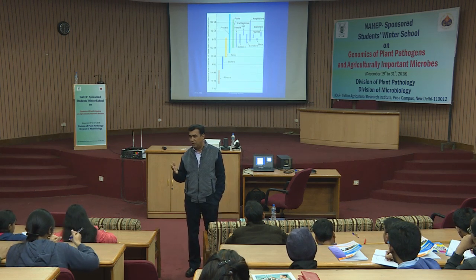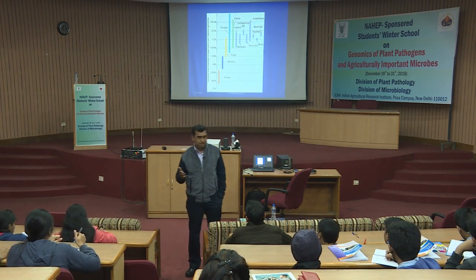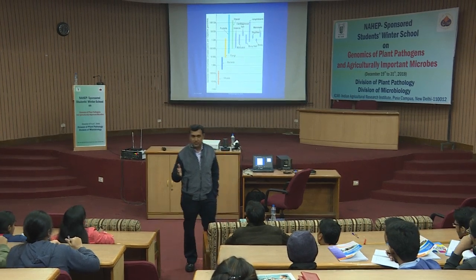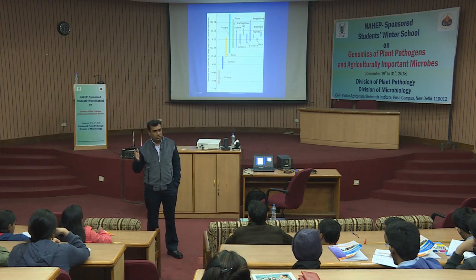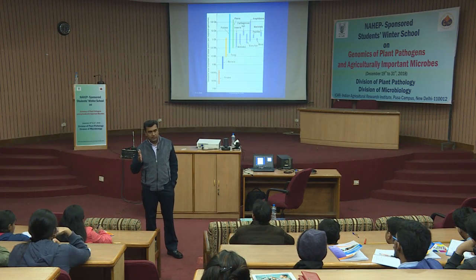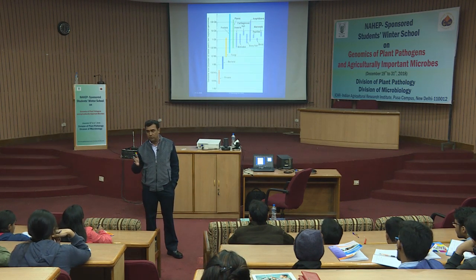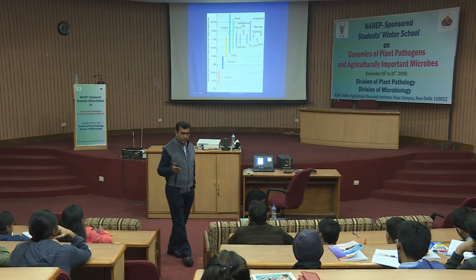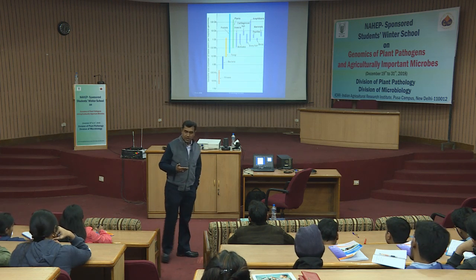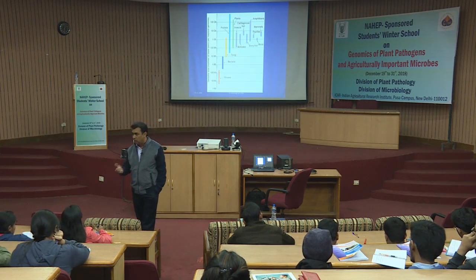How much is 1 million bases? How many KBs? 1000 KB is equal to 1 million bases. 1000 MB is equal to 1 GB. So, you can imagine the kind of DNA that we have to sequence.